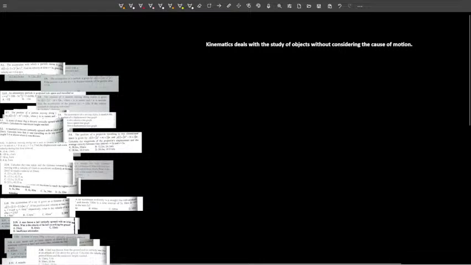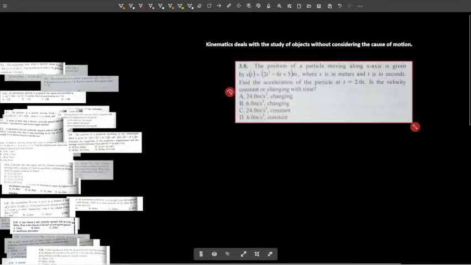Let's see the next question. What are we solving next? Let's solve this. Have we solved this? No. Let's solve this next.